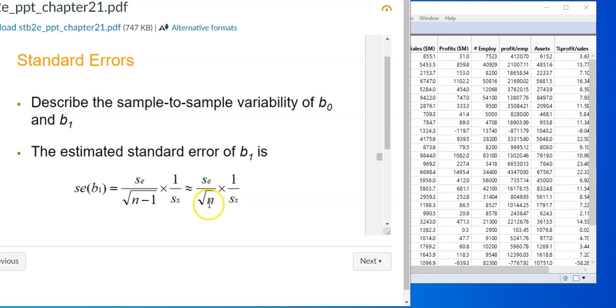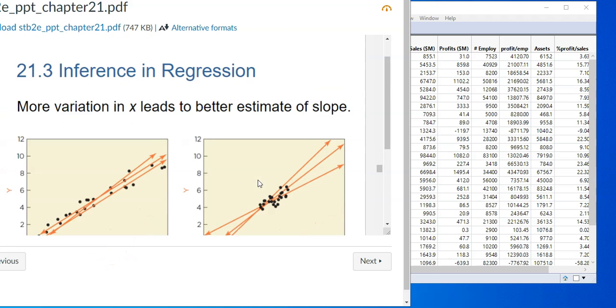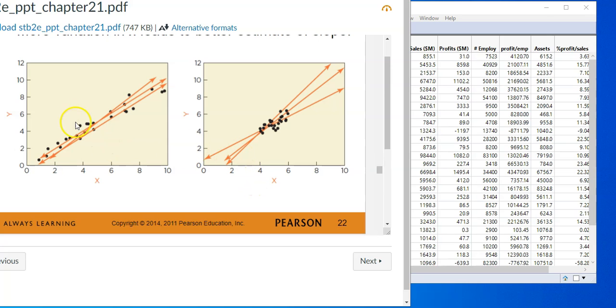So same as sample size n, if the standard deviation of x values is large, that creates a better model. That means you have lower standard error for slope. And why is that? We can look at these two plots here.